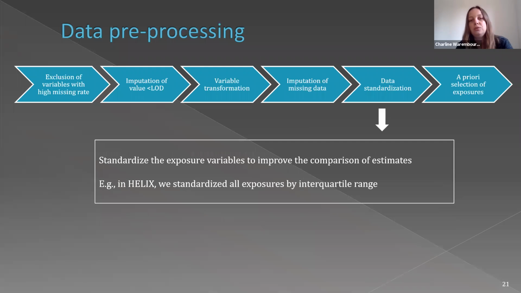And then to improve the comparison between the estimates, I recommend you standardize all the exposure variables. So in ELIX, we standardized all exposures by interquartile range. This allows us to compare the strength of the estimates between different exposure domains.